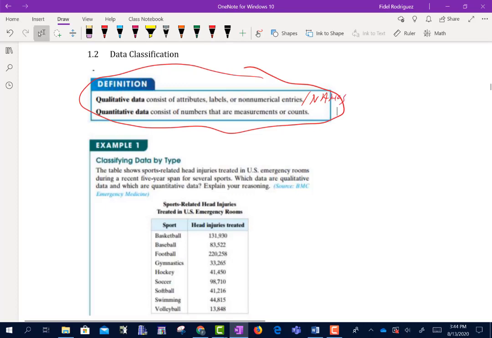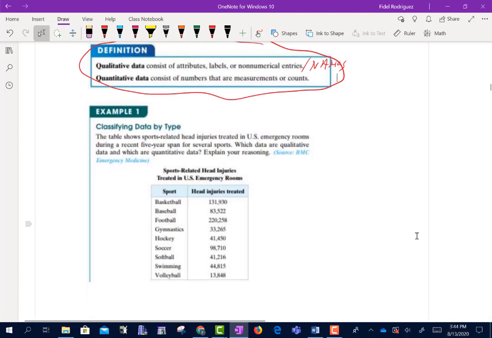All right. So now let's see if we can do the first problem here, and it says classifying data by type. The table shows sports-related head injuries treated in U.S. emergency rooms during a recent 5-year span for several sports. Which data are qualitative and which data are quantitative?